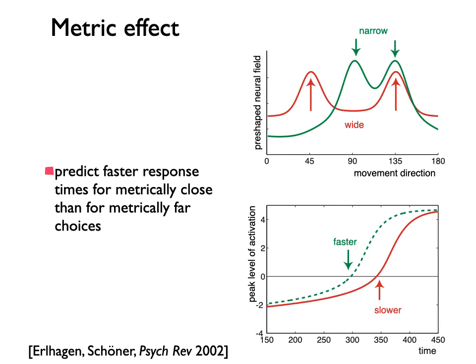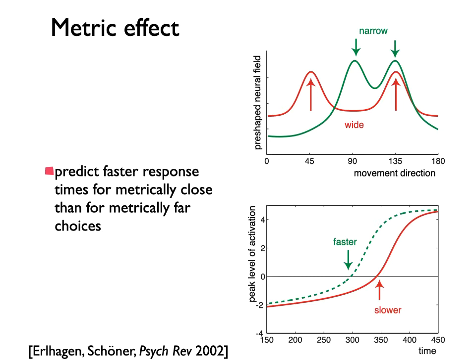And so we looked in the model at how a two-choice task reaction time would be different for metrically far versus metrically close choices. And we found that metrically close choices would have faster rise of activation, so shorter reaction time, than metrically removed choices.